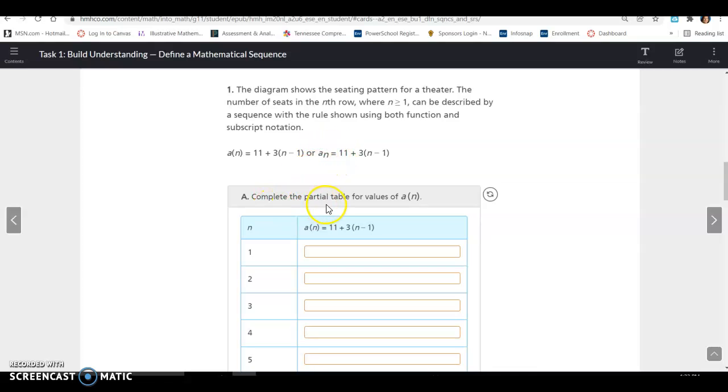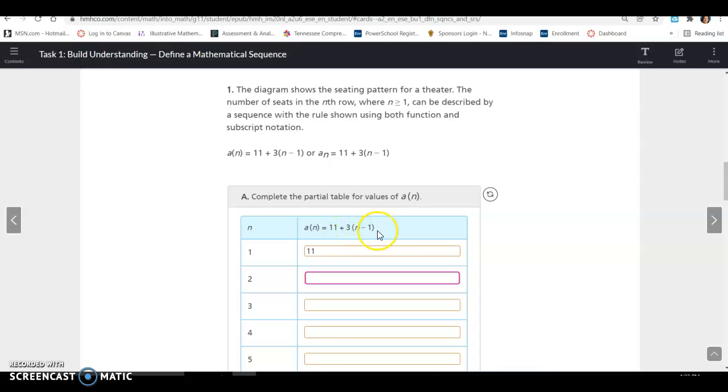All right, so this is complete the partial table for values of A of n. All right, so 11 plus 3 times 0, if I plug 1 in for the first term, 1 minus 1 is 0, 0 times 3 is 0, so the first term is 11, which the image above showed that the first row had 11 seats in it.